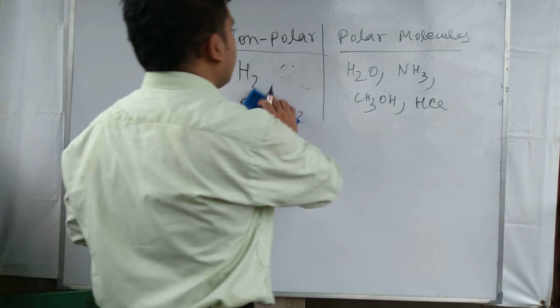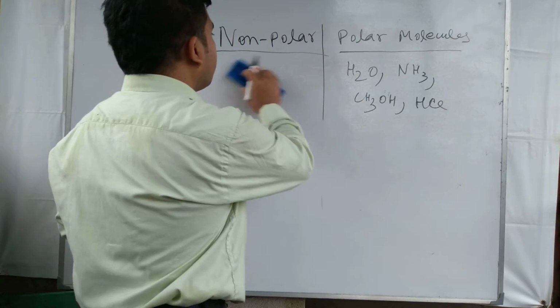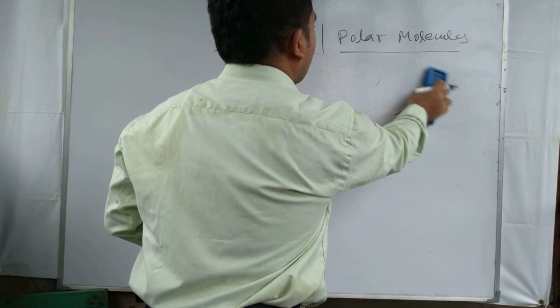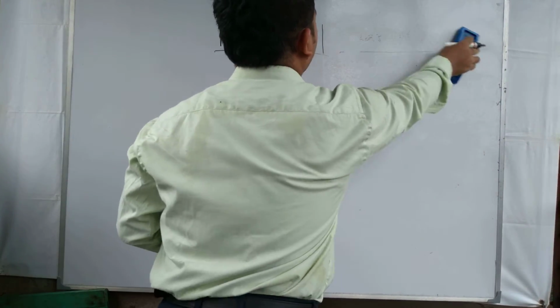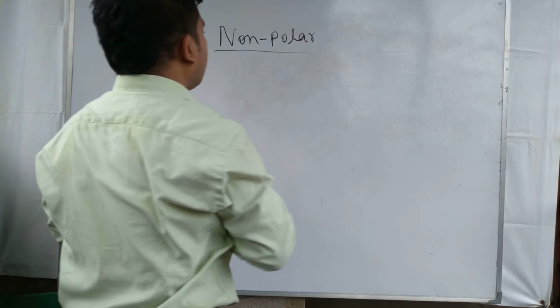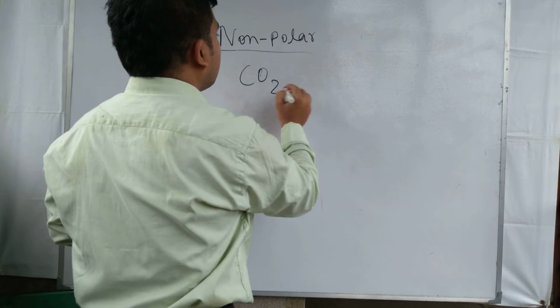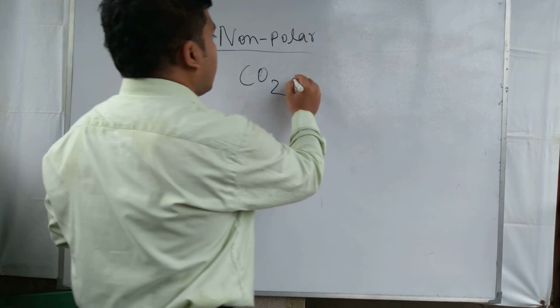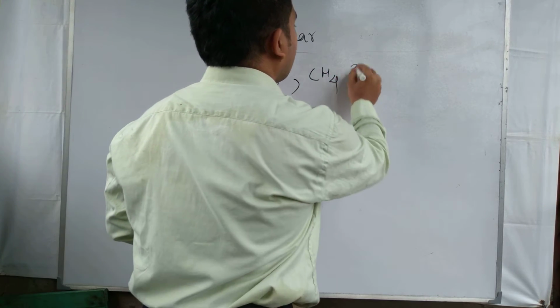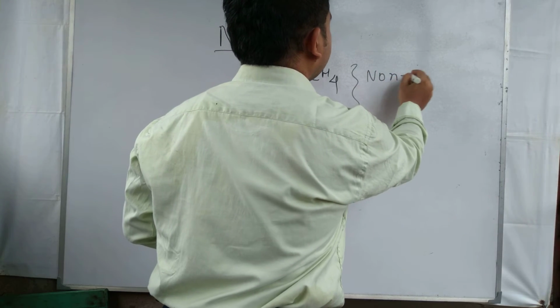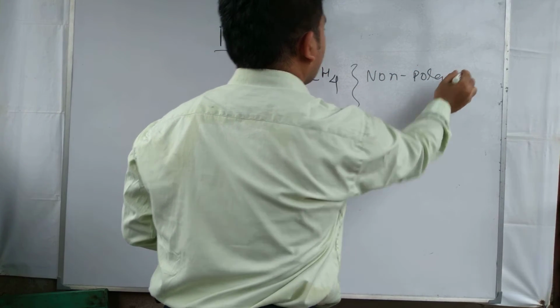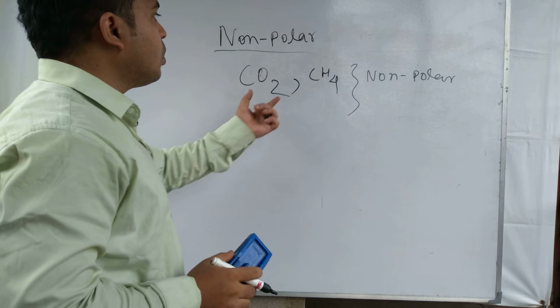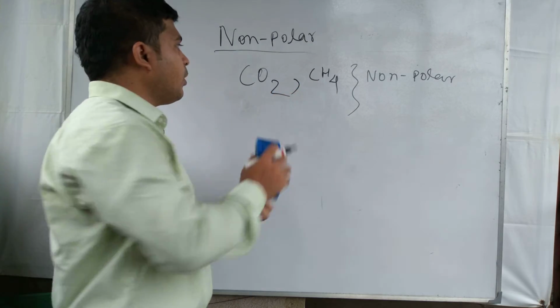But in some cases we find that some molecules have polar bonds but are non-polar. For example, CO2 is non-polar, and CH4 is non-polar, but their bonds are polar.